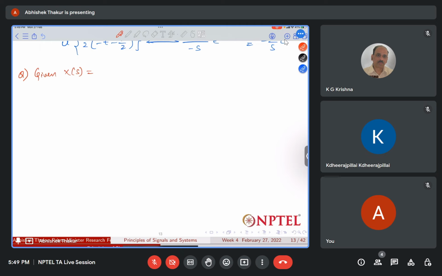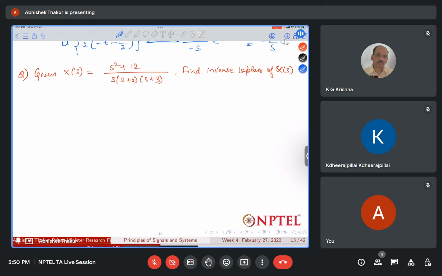X(s) is given, that is s squared plus 12 divided by s, s plus 2 and s plus 3. We have to find the inverse Laplace of X(s).